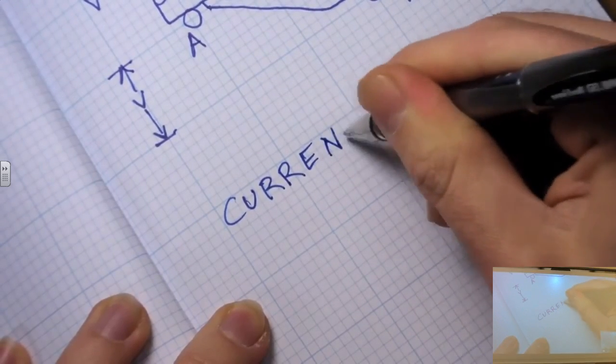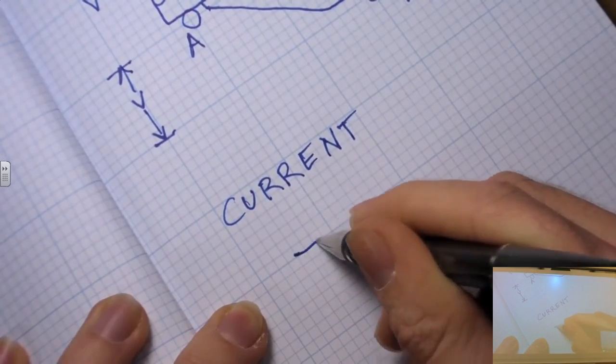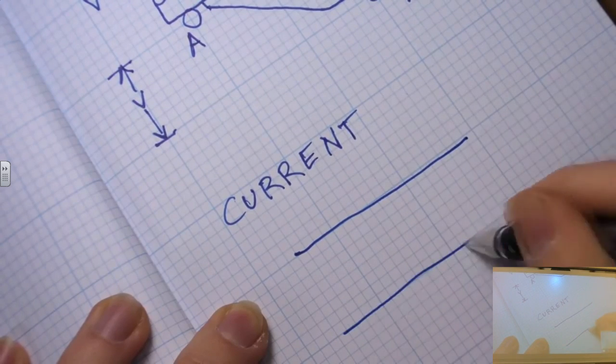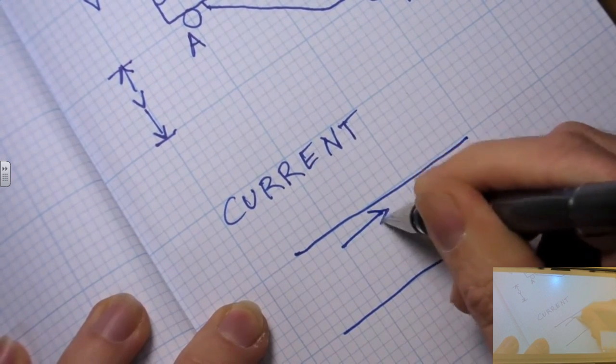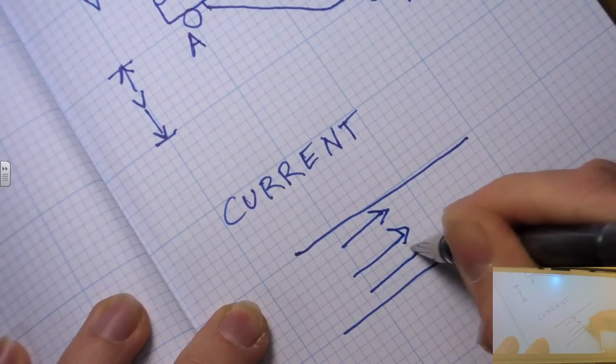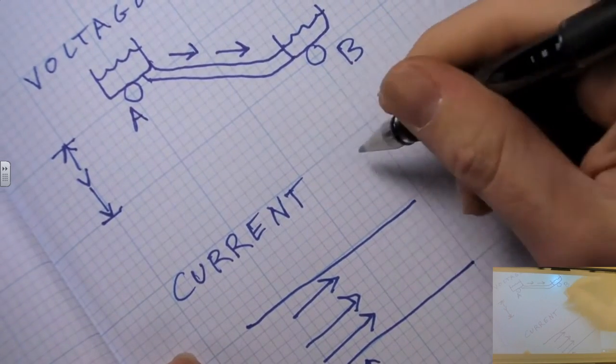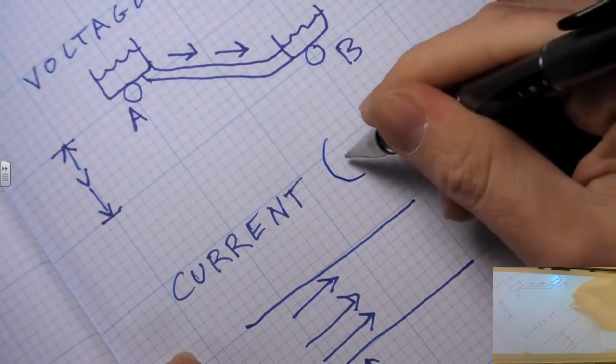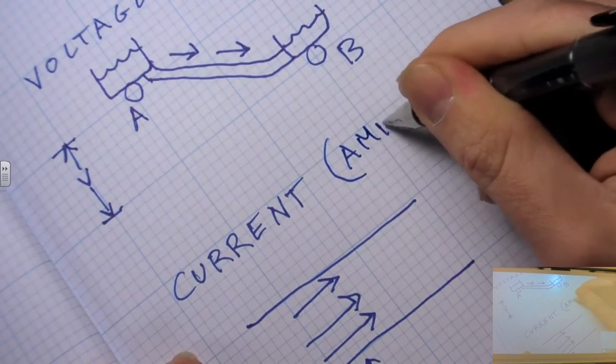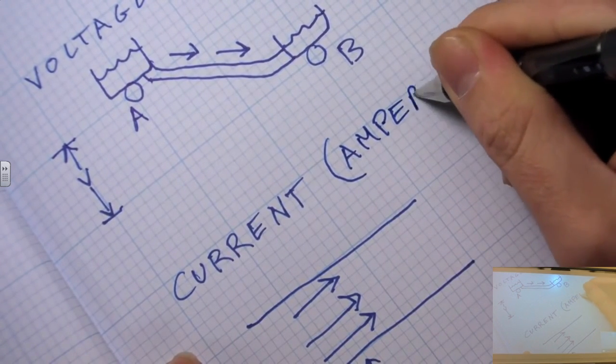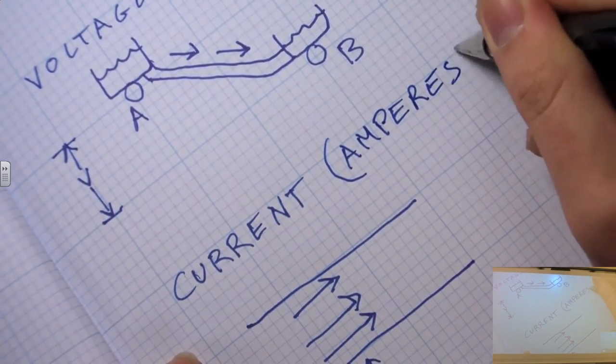Current refers to the rate at which electrons flow through a given point. And current is measured in amperes. And finally, resistance measures an object's opposition to the flow of electricity.